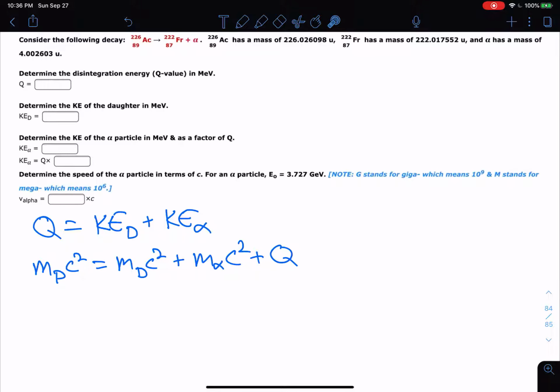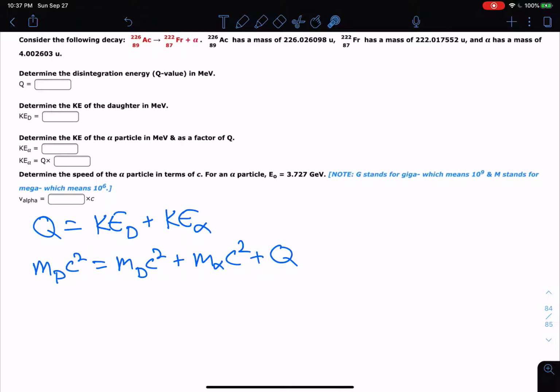That's because we are doing this from the frame of the parent, and in the parent's frame, their velocity is zero, so they only have rest energy. After the decay, all the other energy must have come from this. So that's the rest energy of the daughter, the rest energy of the alpha particle, and whatever kinetic energy they each have. That all came from this.